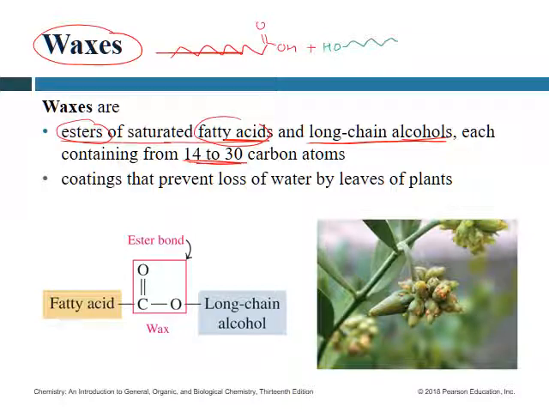Doesn't matter how many carbons you have in here. So what's going to happen? Water is going to be removed, taking OH from the fatty acid and hydrogen from the alcohol. Then what's going to happen? You're going to make an ester.